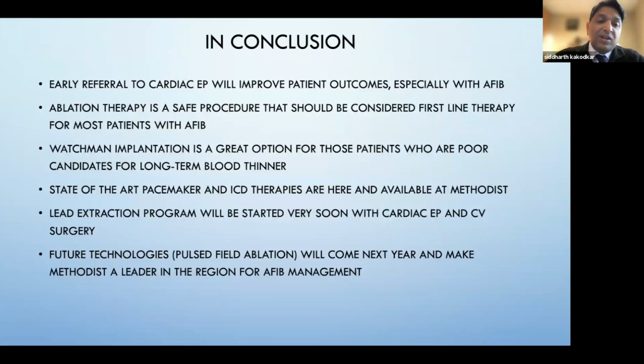So in conclusion, early referral to EP or cardiac EP will improve patient outcomes, especially with atrial fibrillation. Ablation therapy is a safe procedure that should be considered first-line therapy for most patients with AFib. Watchman implantation is a great option for those patients who are poor candidates for long-term blood thinner.